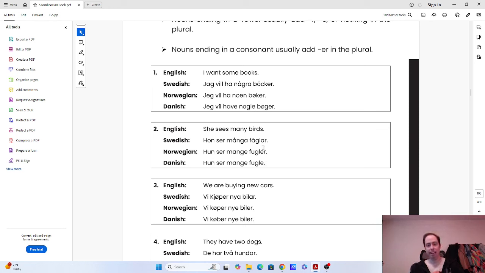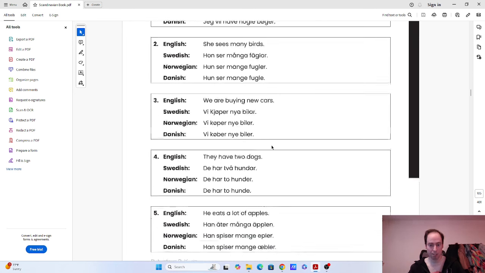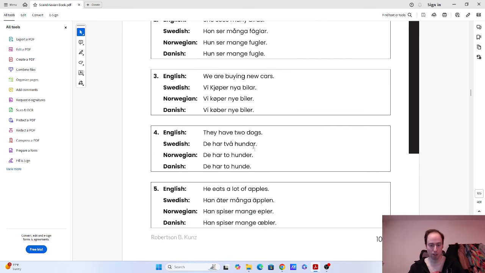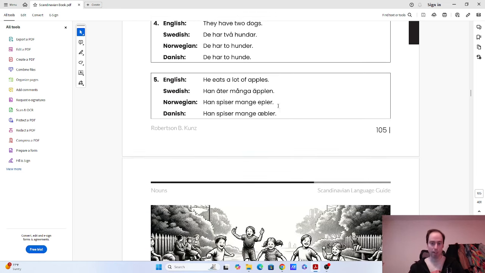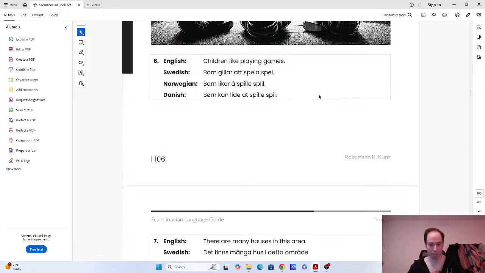But again, this is not a hard and fast rule because books, we have ER at the end for all of them. For cars, we have AR, and then we have ER for both Norwegian and Danish. Dogs, here's another example of that pattern, AR for Swedish, ER for Norwegian, E for Danish. Sometimes we'll even see an EN for Swedish at the ends, ER for the other ones.